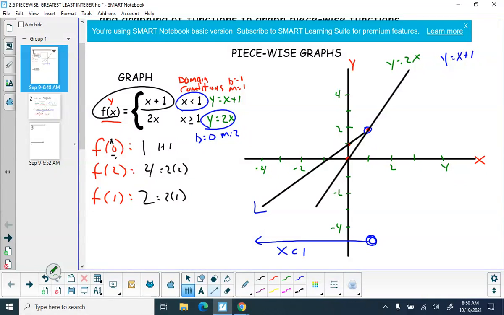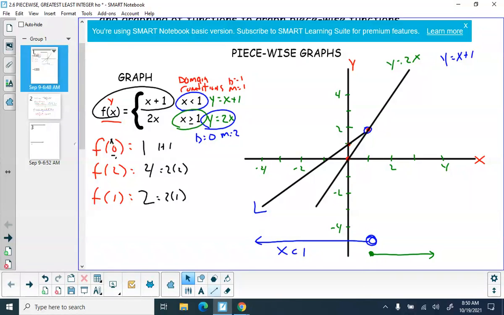But this is only true for values of x that are greater than or equal to the value of 1. So at my x value of 1, what would we have? Would we have an open dot or a solid dot? Right, a solid dot. So we would have a solid dot here, and we would go to the right.